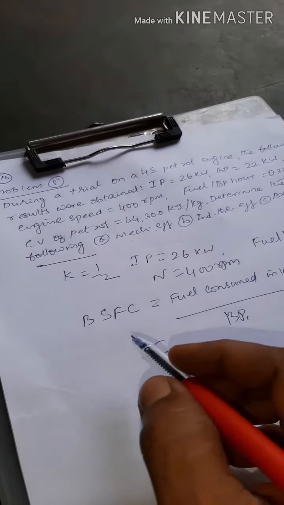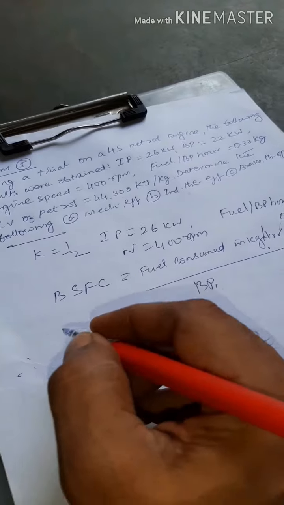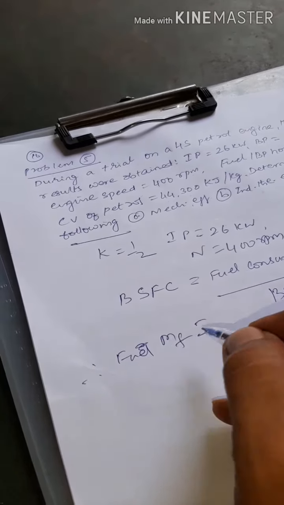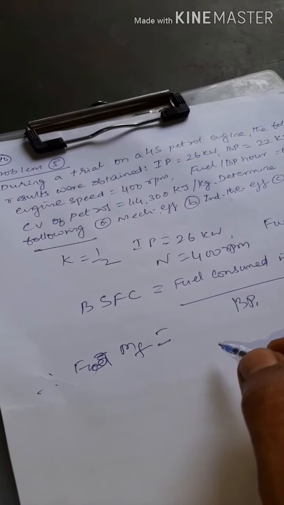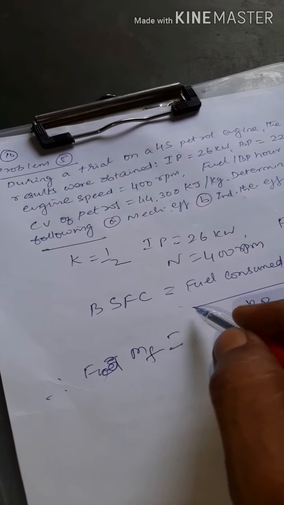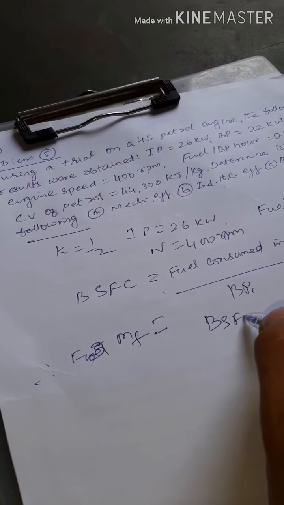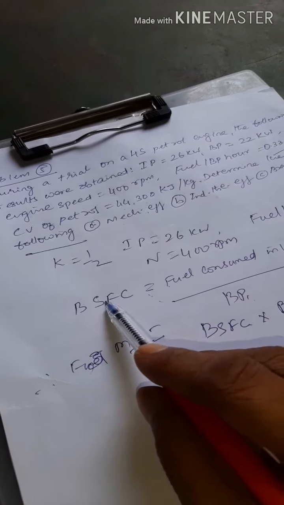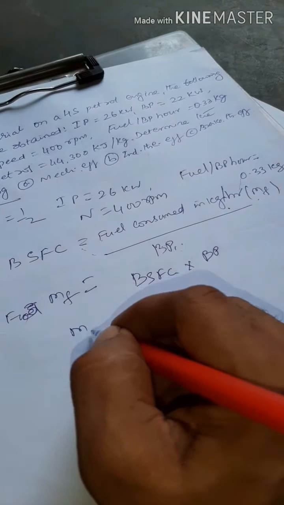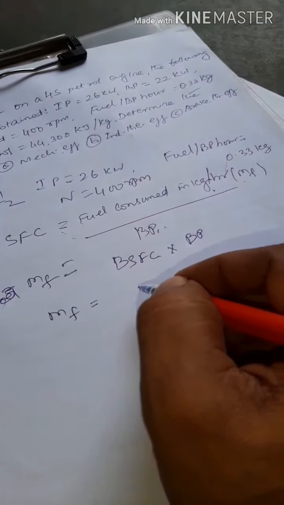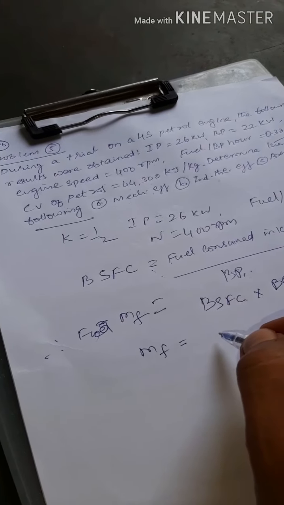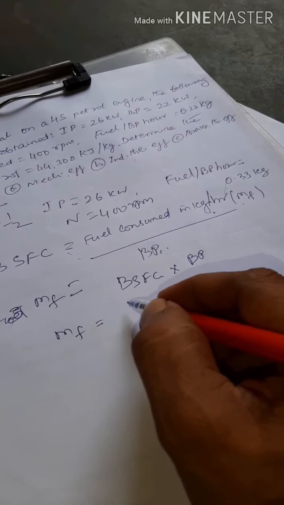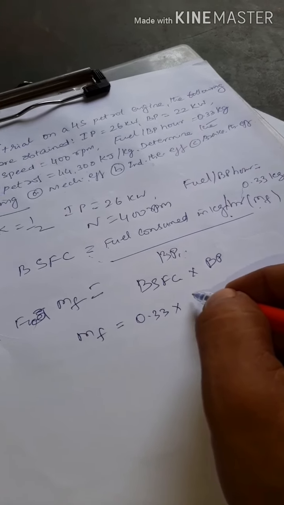Therefore fuel consumed in kg per hour, MF, is equal to, cross multiply this, BSFC into brake power. So MF is equal to BSFC into BP, that is 0.33 into brake power.